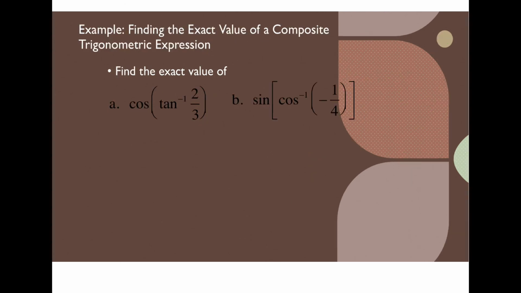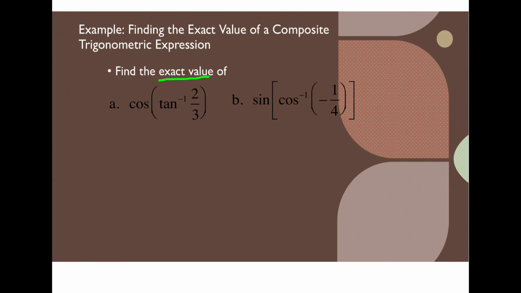Let's do a few more of these with the cosine and tangent, and the directions here are asking us to find an exact value. Now, we don't necessarily need to know what the angle actually is in order to take the cosine of an arctan.